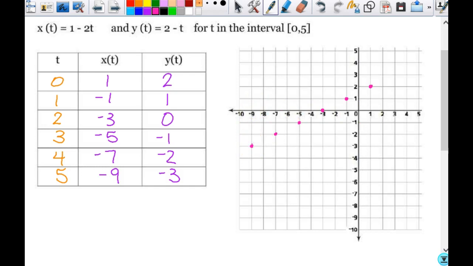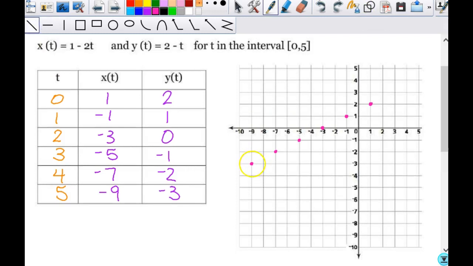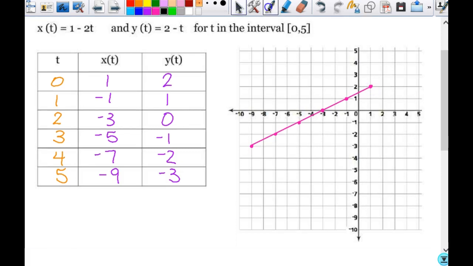Now, that's all the information that we have, and we only want it on that interval. So when we connect these dots, oh, crap. Can't see my dots there. So when I connect these dots here, then I have to decide, what does it say? It says show the orientation. So the orientation is like the path of whatever's happening, which may not be a path if we're talking about temperature and sunscreen and that sort of stuff.